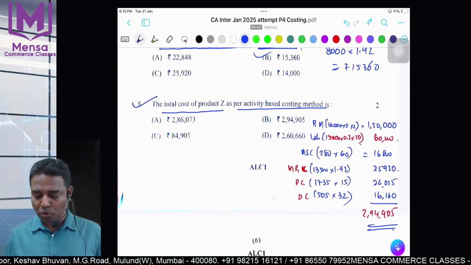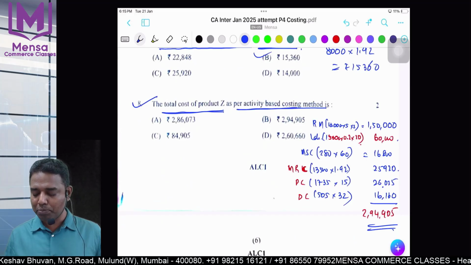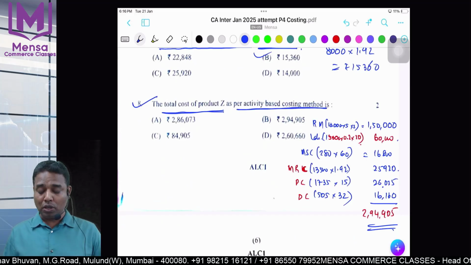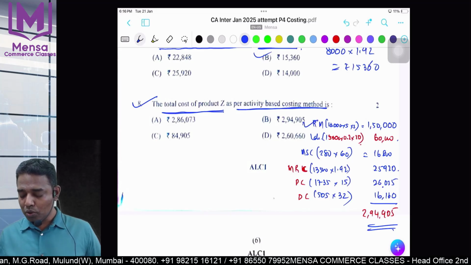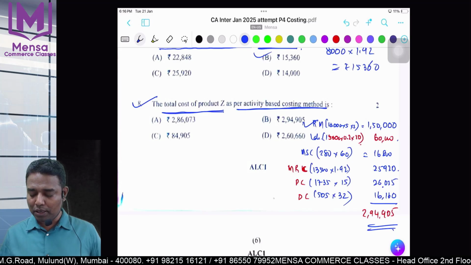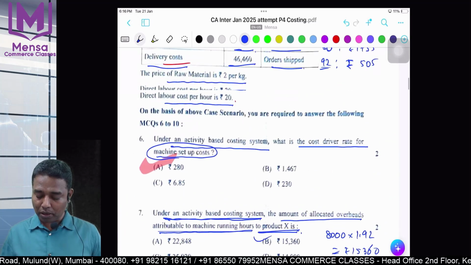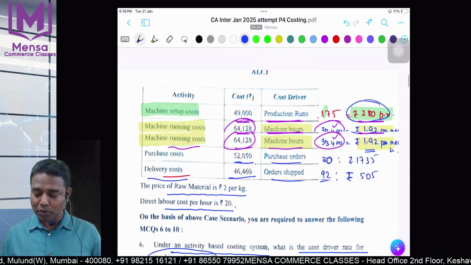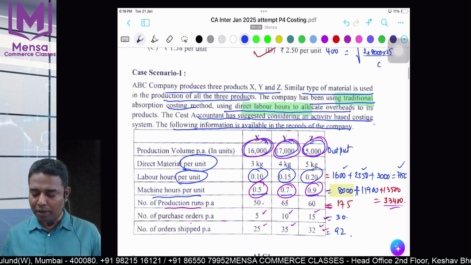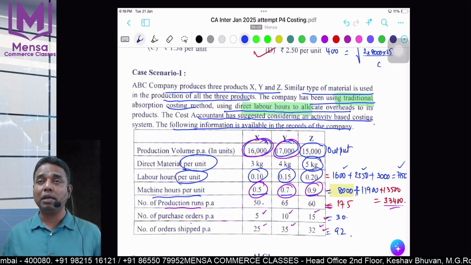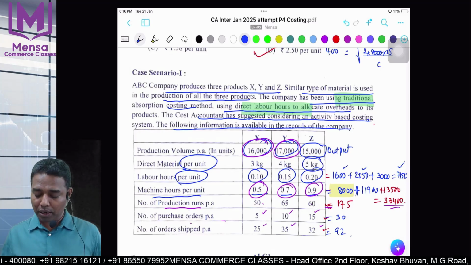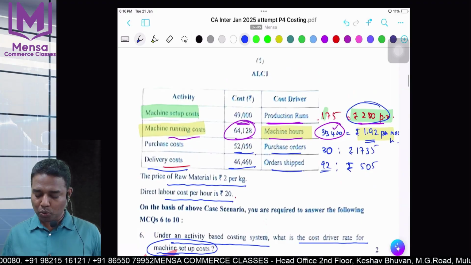Then the next is total cost of product Z as per ABC. Total cost will include the raw material cost. So raw material cost of product Z, how would I have done it? The raw material cost will be: 15,000 units are there, 5 kg is the requirement per unit, into the rate of 2 rupees.